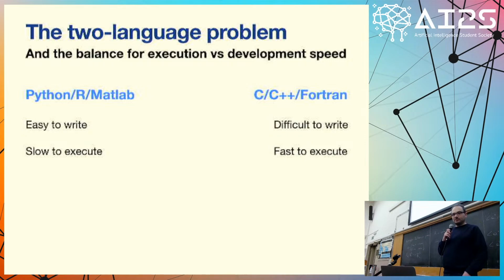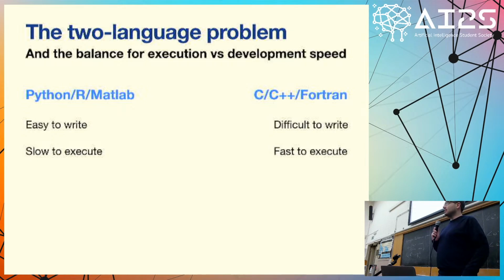However, what we actually use for data sets is a different kind of language. We use languages that are a lot easier to write, like Python, depending on your general background, whether you come from computer science or statistics, or MATLAB.